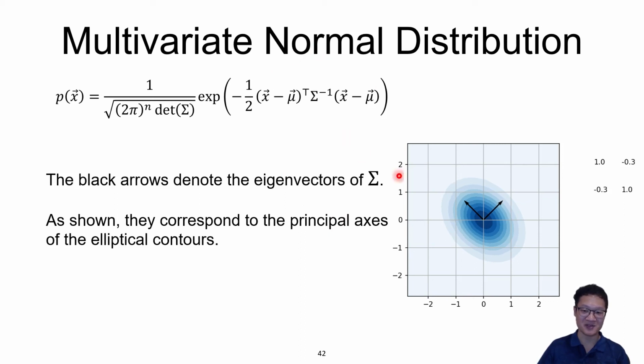With normal distributions, we always have two principal axes which tell us the direction of the elliptical contours.